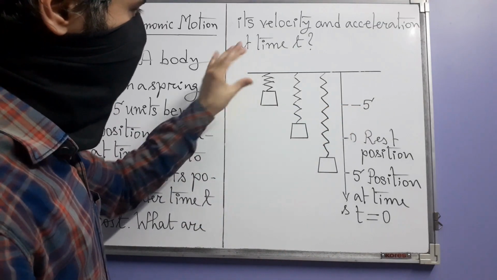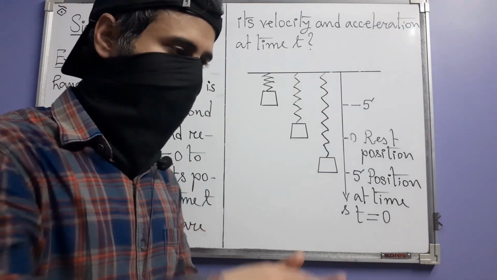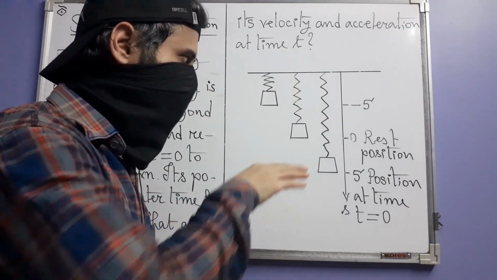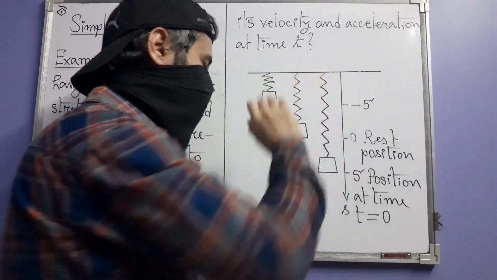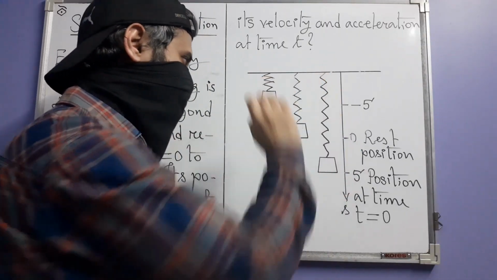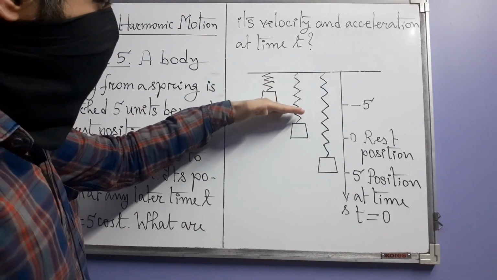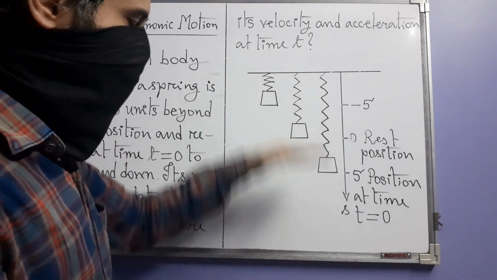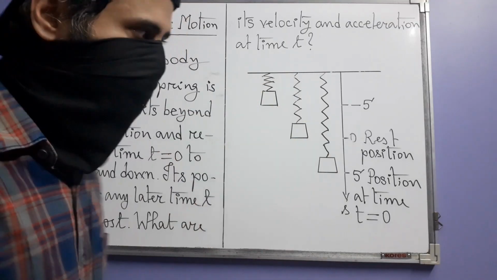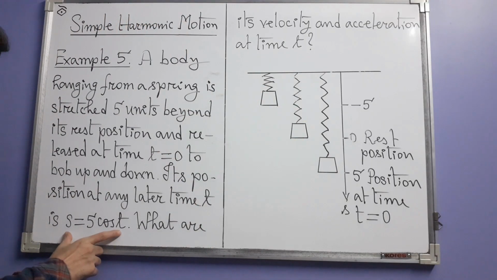But in this state also the spring is not happy, so it will try to push the body down, because this is what the spring wants. That's how it wants to be. So again the body, due to inertia, overshoots the mark and this motion continues. So that is captured in this equation.